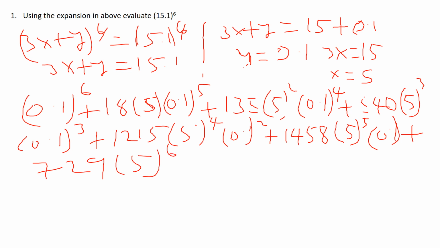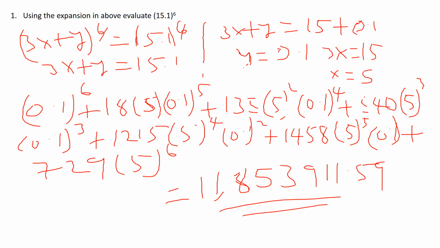And if we output all these using our calculator, we are going to have 853,911.59, which will be just the same value if you take using your calculator 15.1 raised to power 6. And that's how you can solve any binomial expansion and evaluate any numerical value using the expressed binomial expansion.